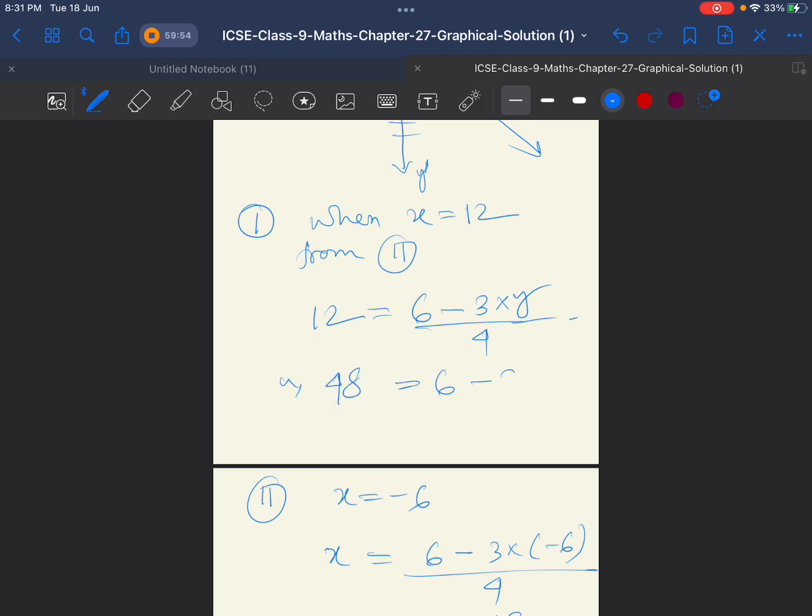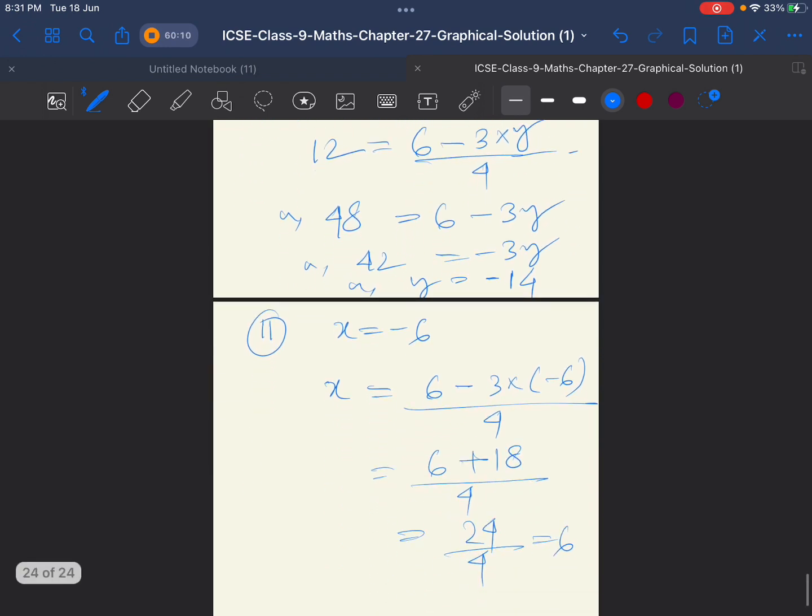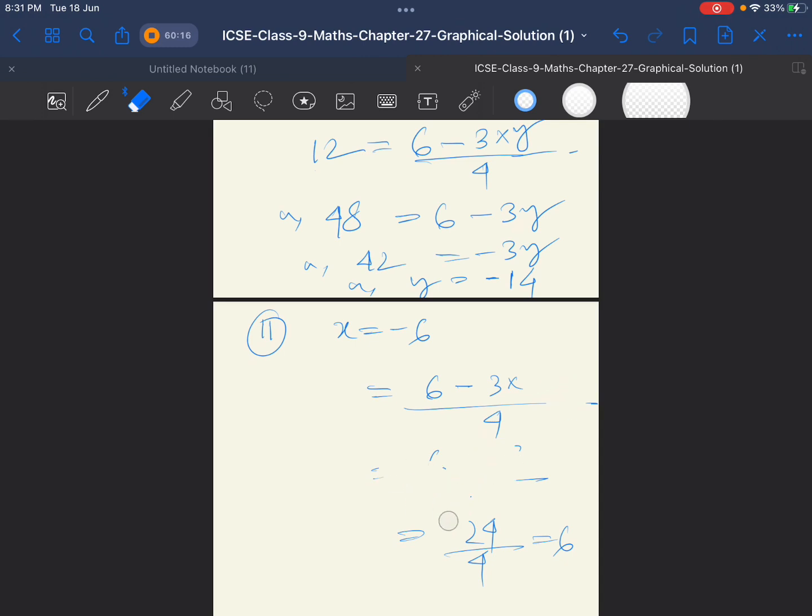So now we have to calculate the value of y. So when x equals 12, this will be 48, 6 minus 3y, or 42 equals minus 3y, or y equals minus 14.